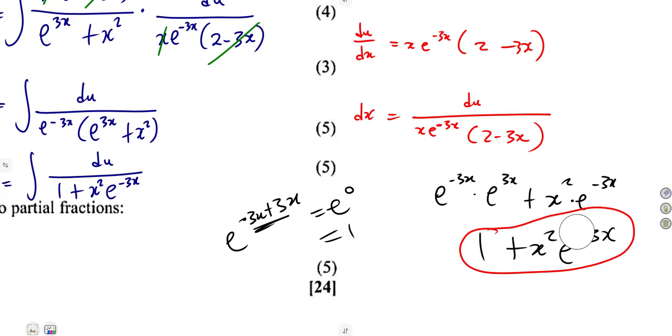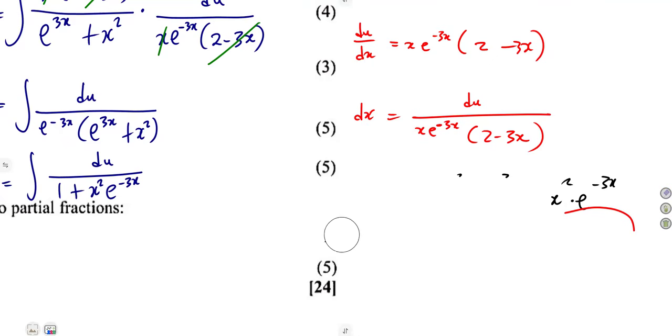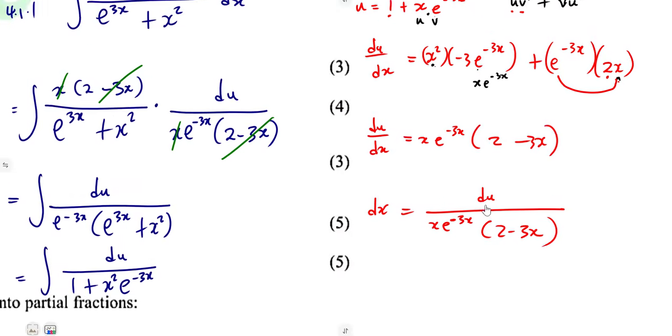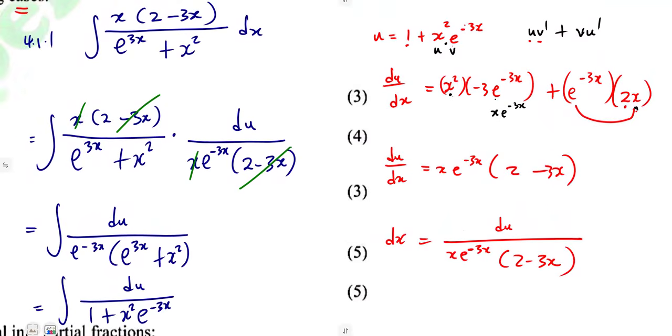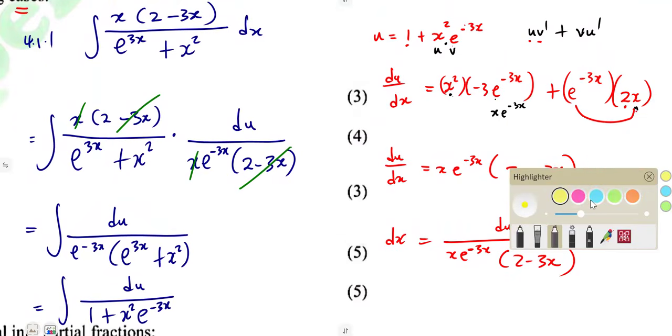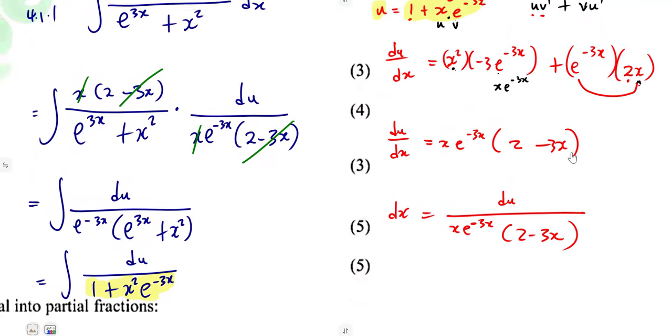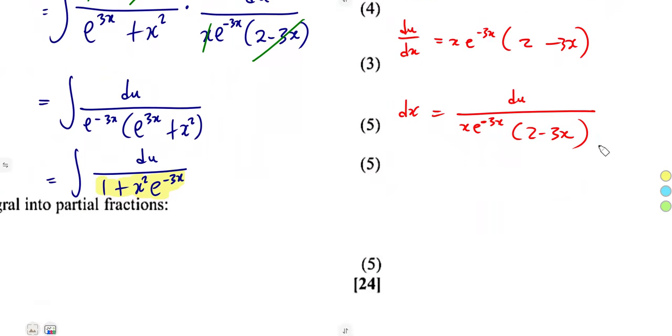But this whole part that we are seeing here is equal to u. That's our u, if we consider properly what we are given here. This whole part, 1 plus x squared e to the exponent of minus 3x, represents u. So we can substitute that so that we can integrate with respect to u.